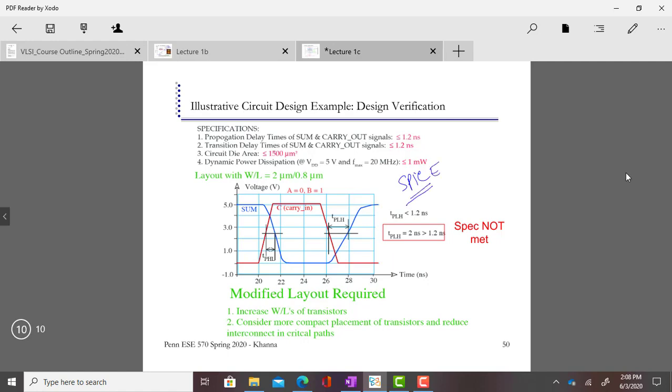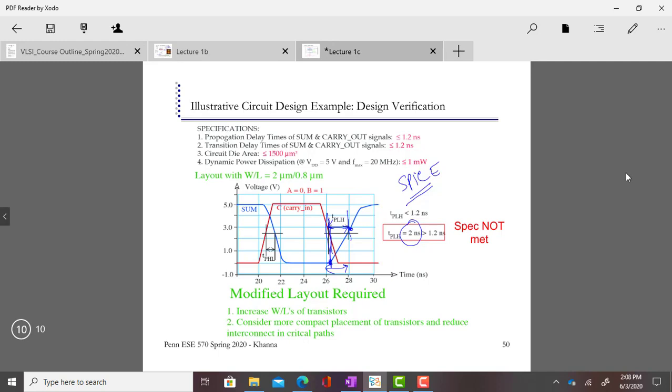You apply the inputs, and you may note that for the C out signal you have this TPLH, which is the pulse low to high time. This is low and this is high. You see, it's almost 2 nanoseconds.